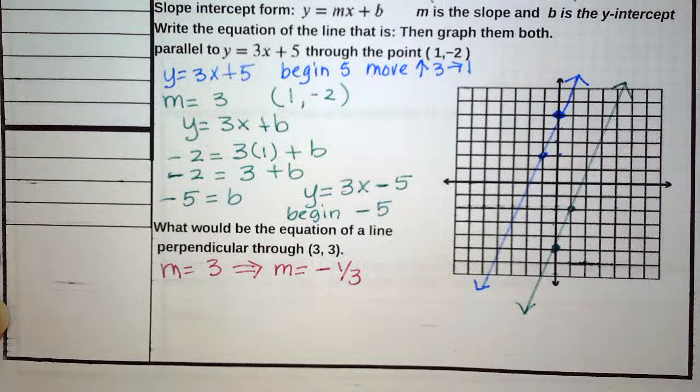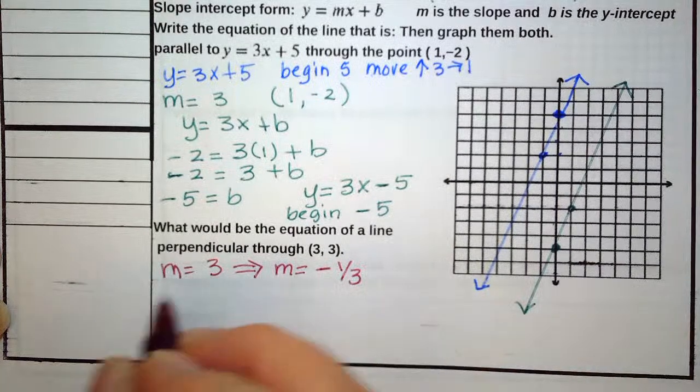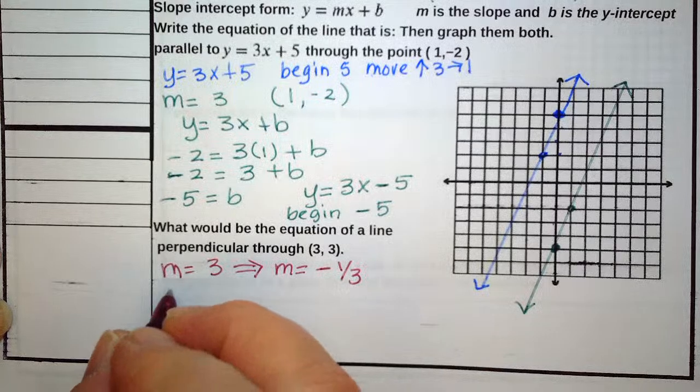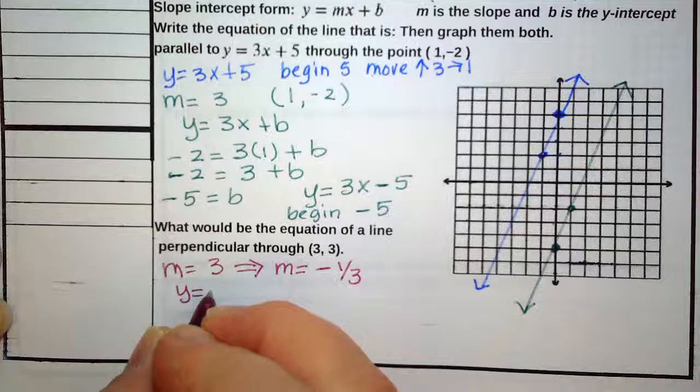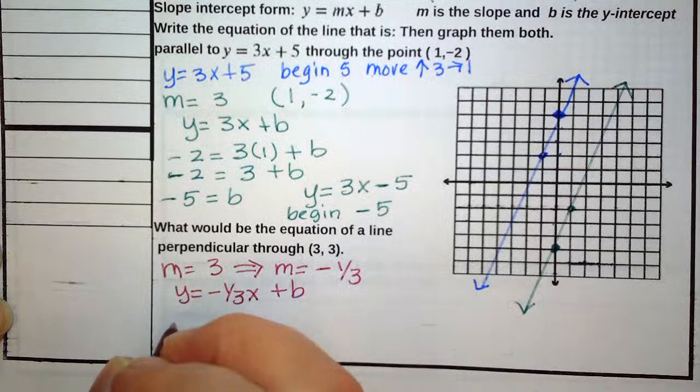Now, I could start with the point and then just use my slope to find the next point and draw that perpendicular line. But it tells me I need the equation. Once again, we've got an x and a y. So y equals negative 1/3 x plus b.